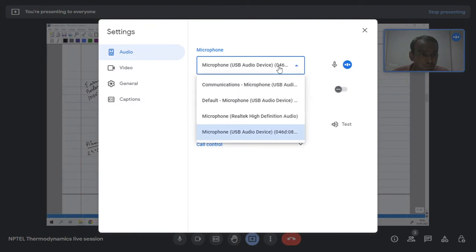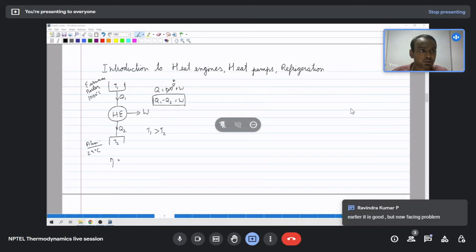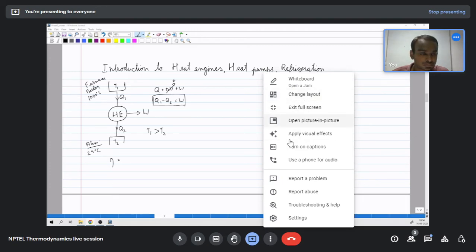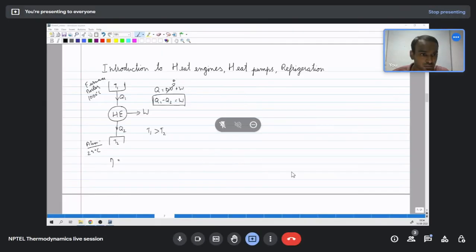Still the same problem, so I would try to change to something else. So can you again check? I didn't change any option, so can you try to increase your volume or something in your device?